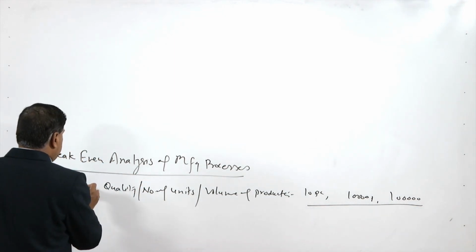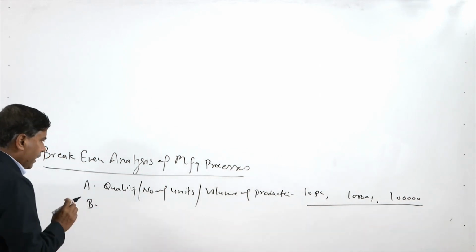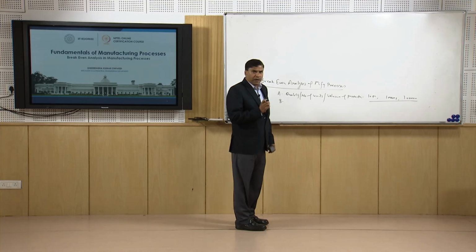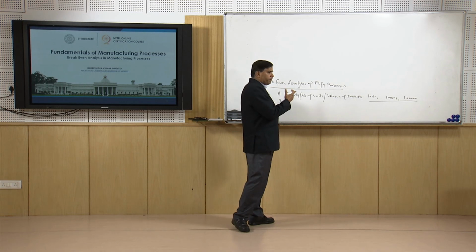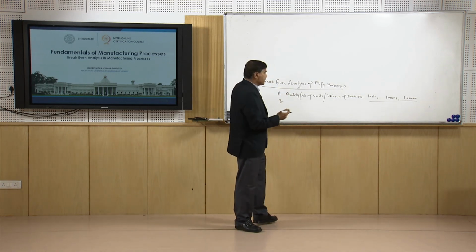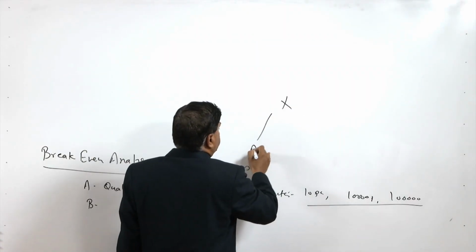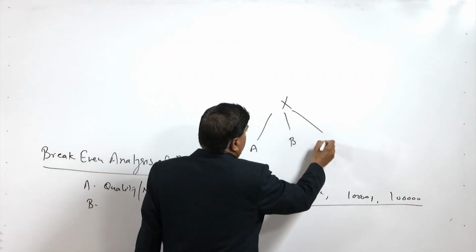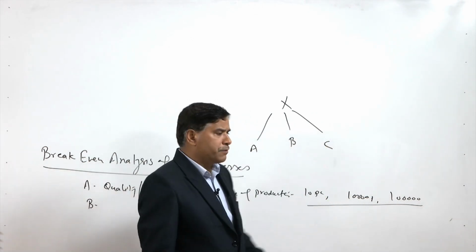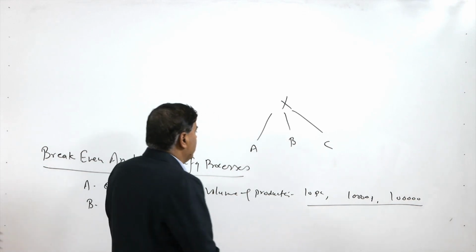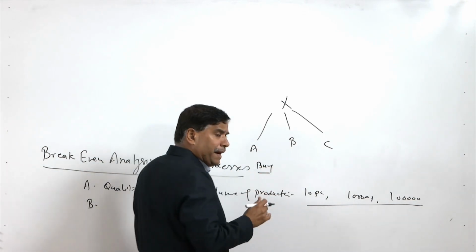Another thing which we need for this analysis is what equipment and what investment we have to make to manufacture the product using the different options. Say for making a product X, there are 3 options A, B and C. These options may use different equipment. Like option A where investment is nil, we can buy directly.